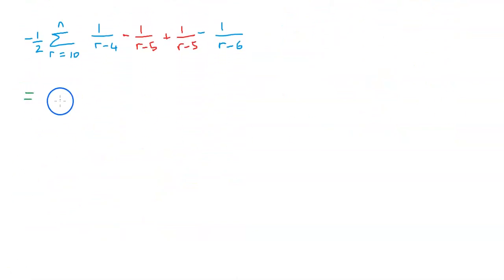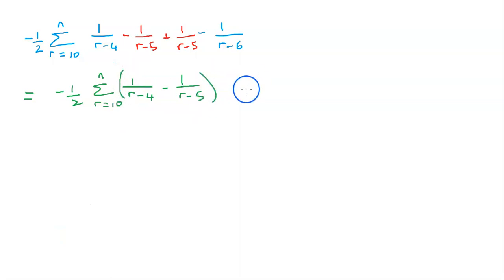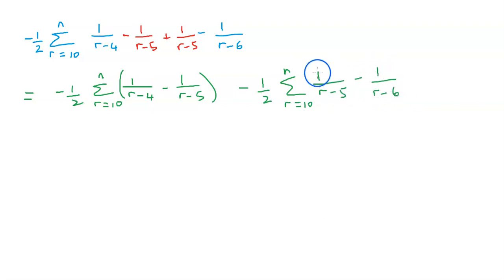We know we can split this up into two summations. So minus a half of the sum from r equals 10 to n of 1 divided by (r minus 4) minus 1 divided by (r minus 5), and then minus a half times the sum from r equals 10 to n of 1 divided by (r minus 5) minus 1 divided by (r minus 6).